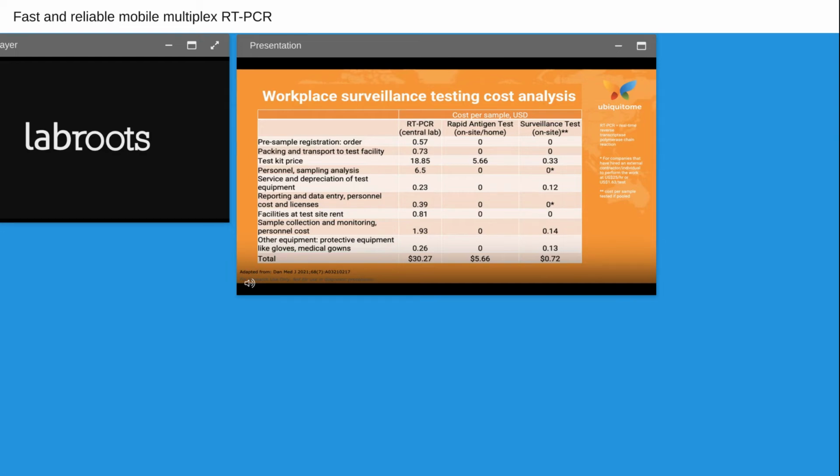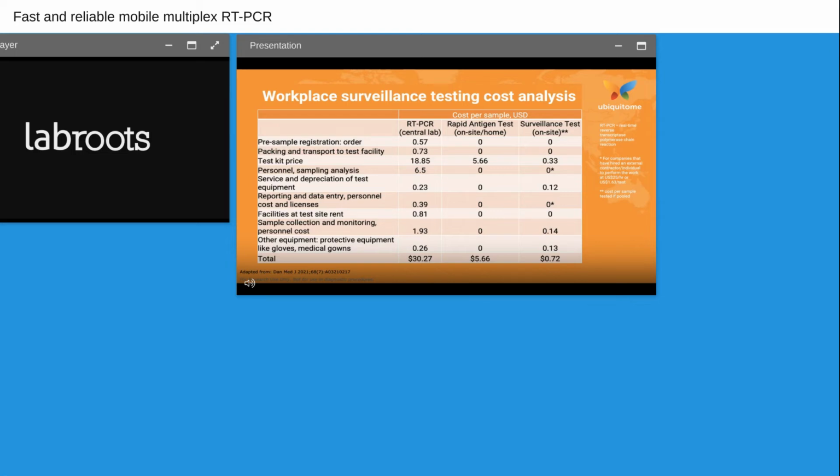So on the far left, we have RT-PCR, which is one of the many strategies, but most likely the most common strategy at detecting COVID-19 today. And as you can see, the total cost it would cost a lab to get a result per sample, so basically per individual tested, comes to around about $30.